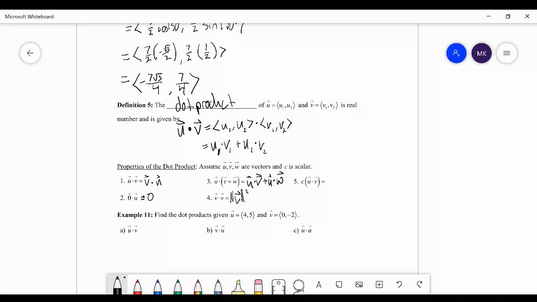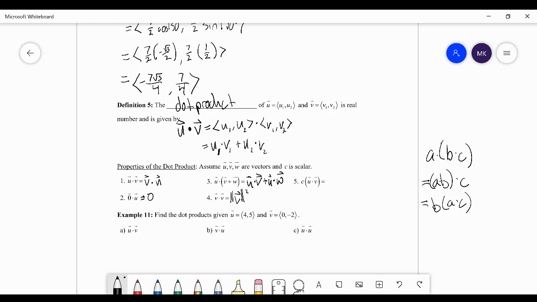And lastly, if I have a scalar multiplication times the dot product of two vectors, I cannot distribute that to both, right? It's not like addition, but I can assign it to either one. So just like if I have A times B times C, that could be A times B times C, or we could even flip things around and say that's B times A times C, right?